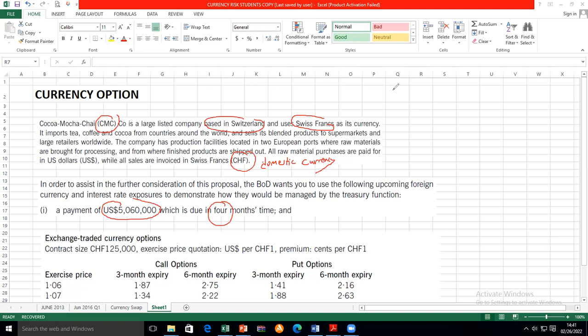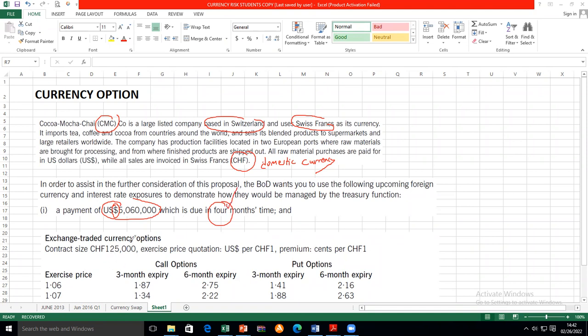Then we have the dollar as a foreign currency. So this company has got an exposure in 4 months' time.